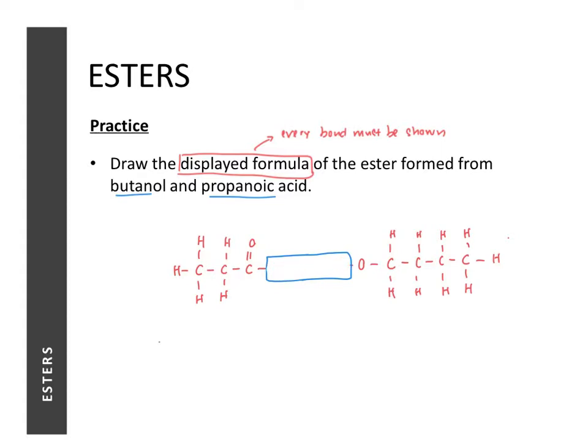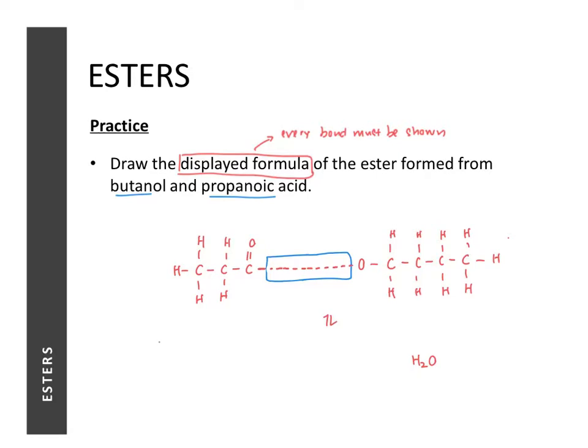Your H and your OH will combine to form water. So you have water, and then your ester that is formed. We can simply get the structure of the ester by forming a bond, a CO single bond from your acid group to your alcohol group.